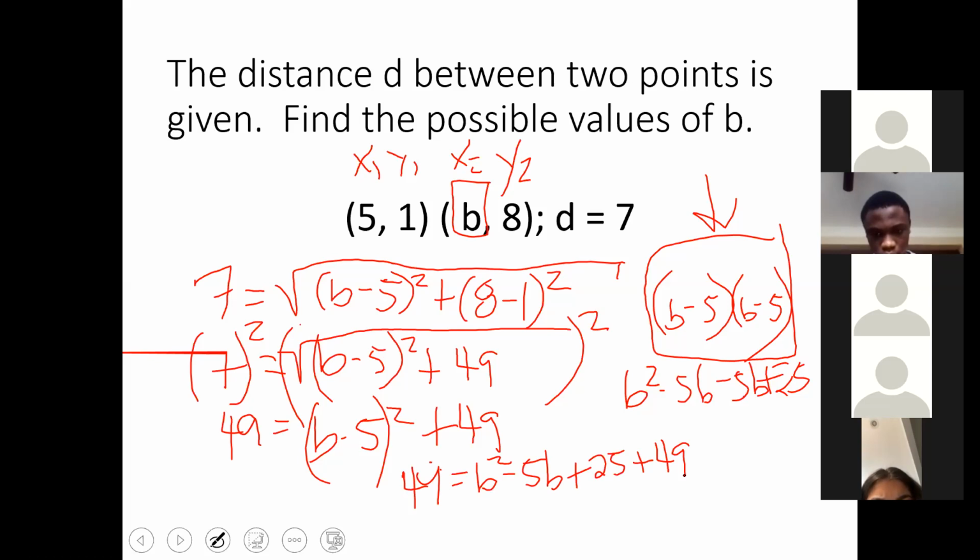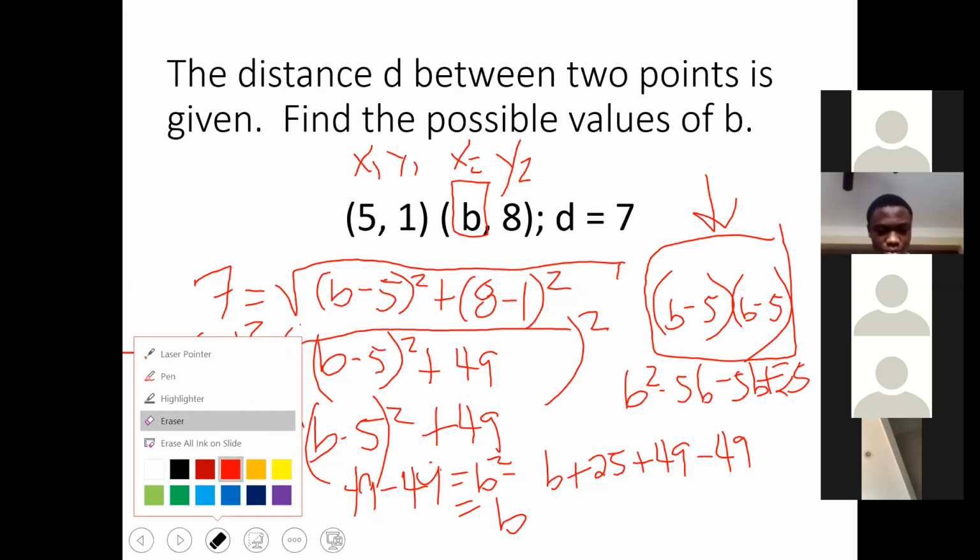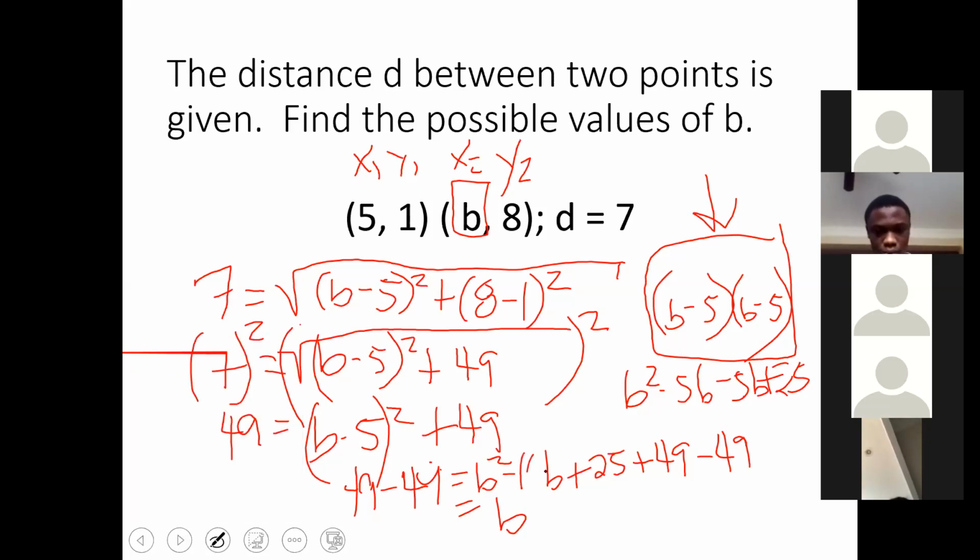Now, if I subtract 49 from both sides, I'm going to get b. Mr. B, is that not supposed to be negative 10b? Oh, yeah, it should be. Yeah, you're right. Sorry, Osas. Good catch. So now I have b squared minus 10b plus 25 because the 49s go away.